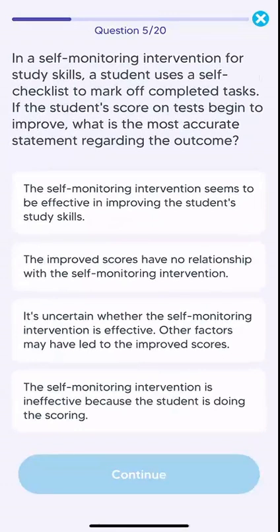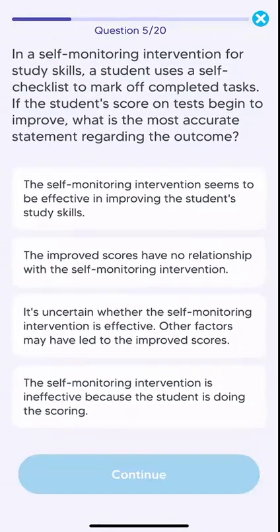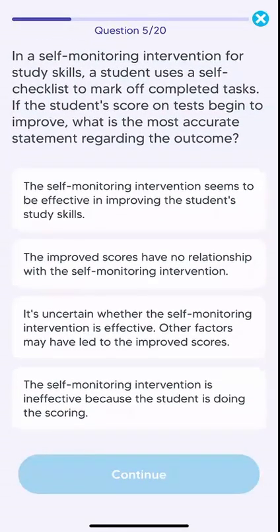In a self-monitoring intervention for study skills, a student uses a self-checklist to mark off completed tasks. If the student's score on the test begins to improve, what is the most accurate statement regarding the outcome? The self-monitoring intervention seems to be effective in improving the student's study skill.